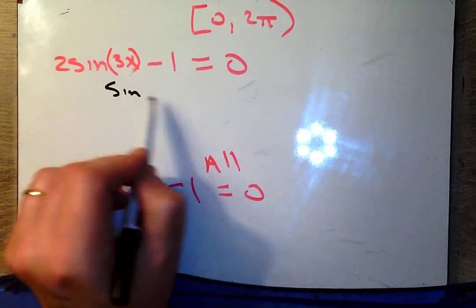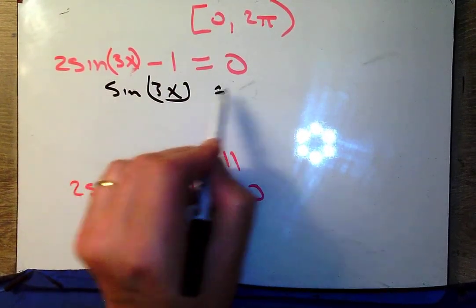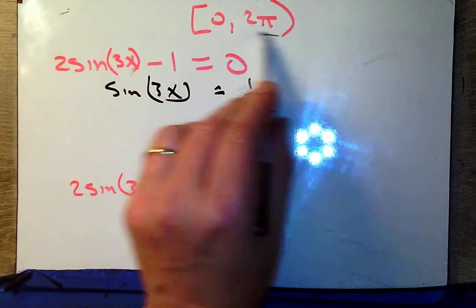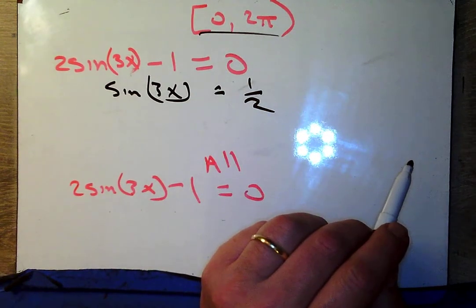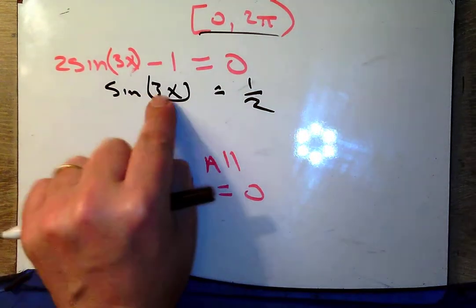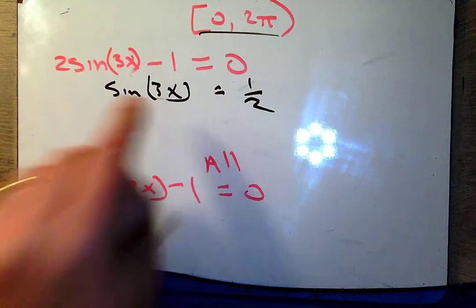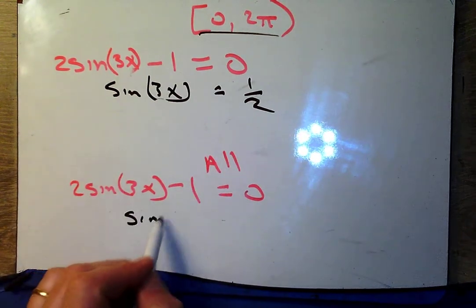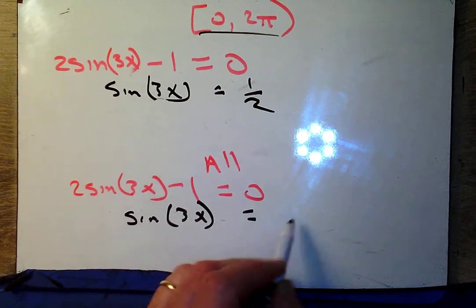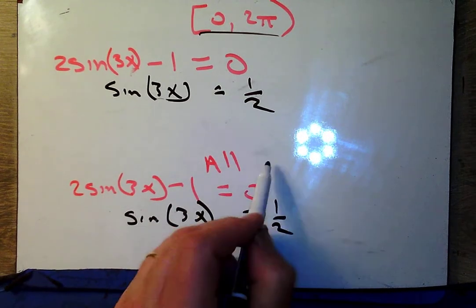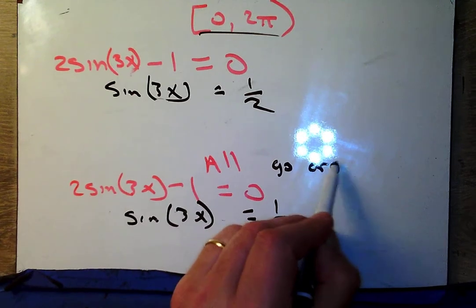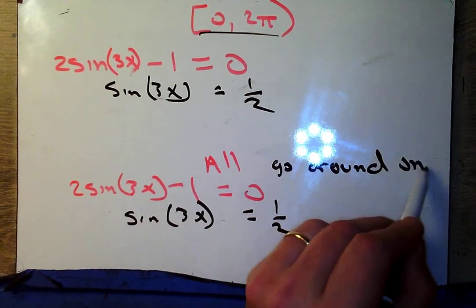So when I'm looking for the finite number of solutions, just the solutions on 0 to 2 pi, that's the time when I have to go around the unit circle this many times. But in this problem, where I'm looking for all solutions, I only go around once.